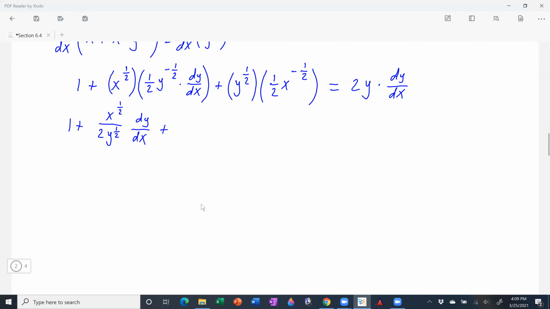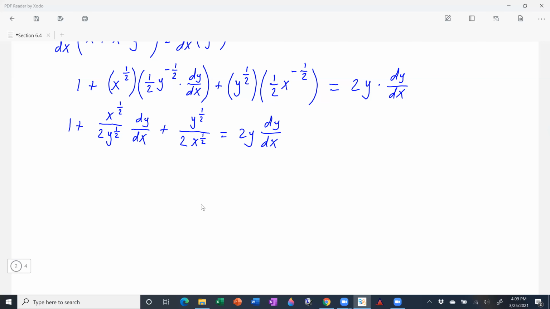Then we have plus, and over here, similarly, I see this y to the 1/2 that I can leave on top. And with this 1/2, a 2 can be down there, and then x to the positive 1/2 down there. And then over here, nothing to do, 2y dy/dx. Just cleaning it up a little bit.